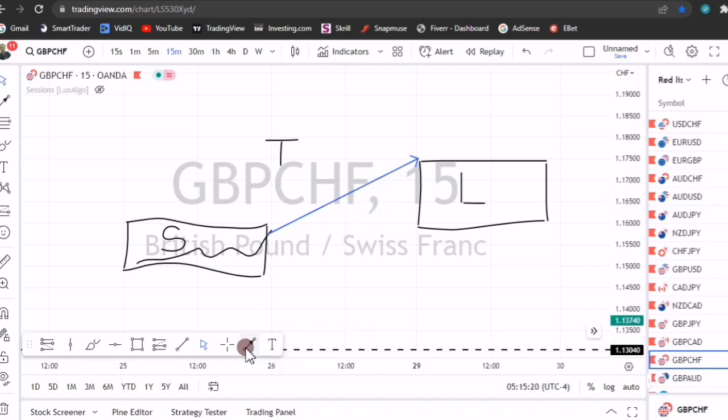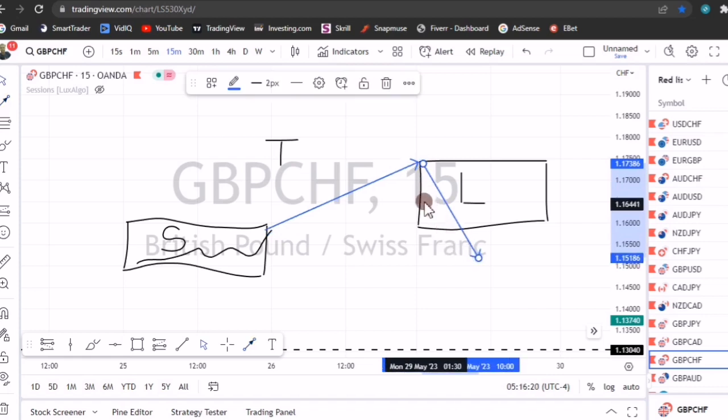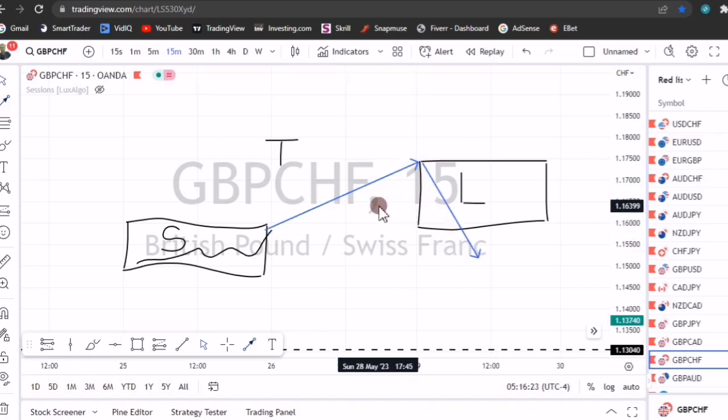Let me put it like that. So if price was slightly on an uptrend when it came out of Sydney, the London session is going to push price in opposite. This is so accurate, guys. It happens more than 90% of the time. So if you can just sit every day to do this, I'm going to open the real charts and show you what I am talking about. So this thing is so accurate.